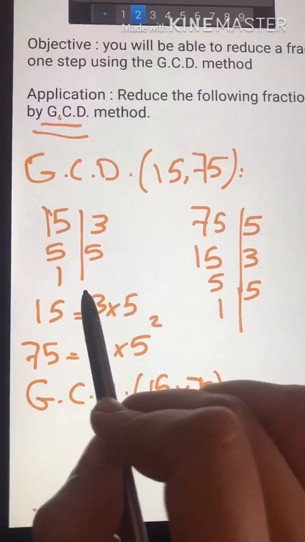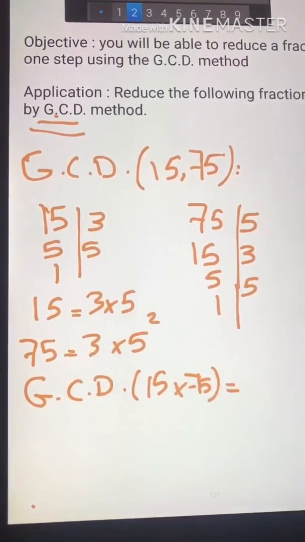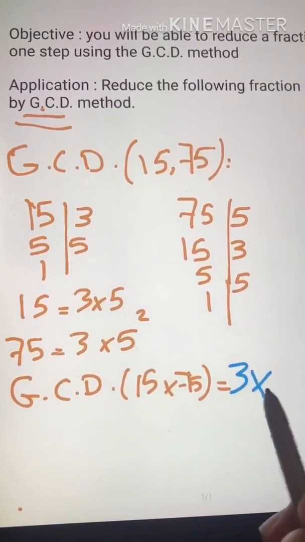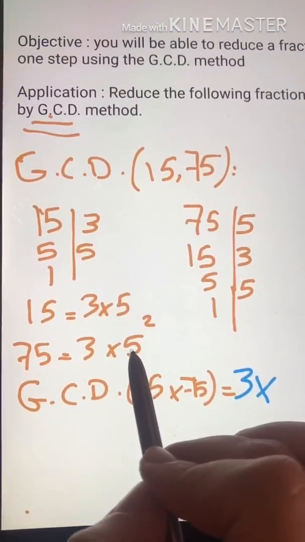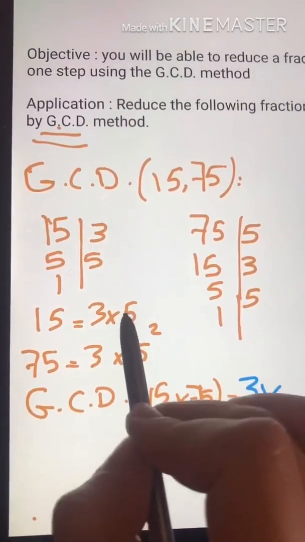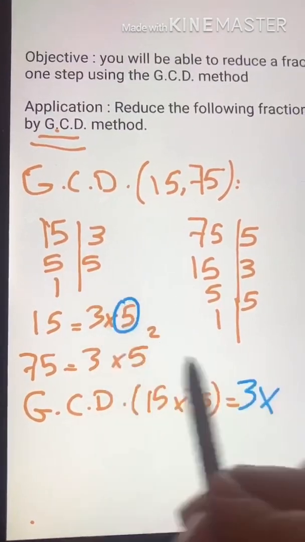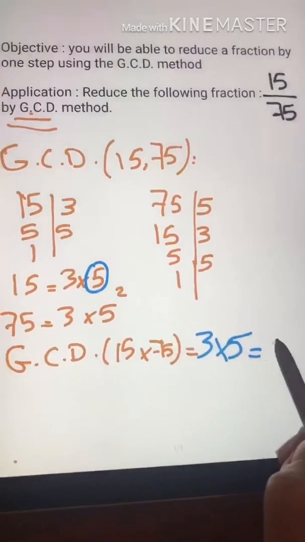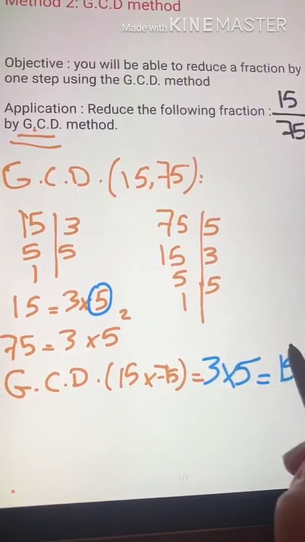Here I have 3, here I have 3. I take one of them, so GCD is equal to 3 times, here I have 5, here I have 5 squared. I take the common factor with the least exponent, so times 5. So the GCD will be equal to 15.